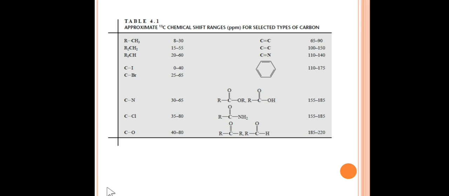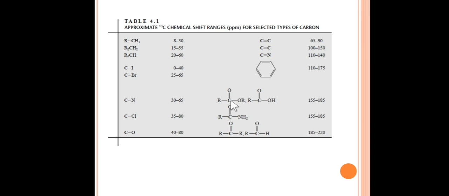Let's go ahead and see it quickly again. The aliphatic carbons come around 10 to 60 ppm. The carbons which are attached to a heteroatom come around 40 to 80 ppm. The alkyne carbons come around 90. The carbon-carbon double bond from olefins and the benzene ring come around 110 to 150.